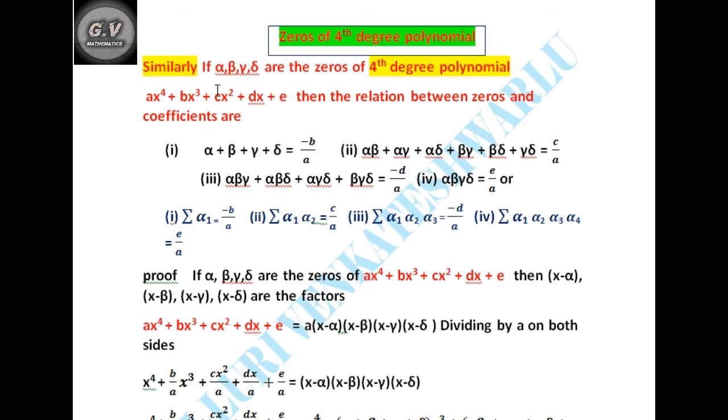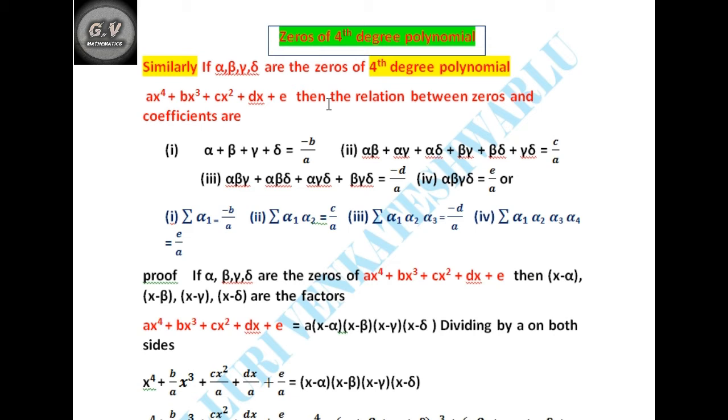The fourth degree polynomial contains at most 4 zeros: alpha, beta, gamma and delta, or otherwise alpha 1, alpha 2, alpha 3, alpha 4. So these are the 4 zeros of the biquadratic polynomial.